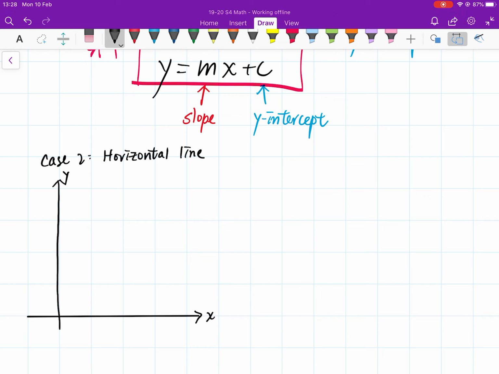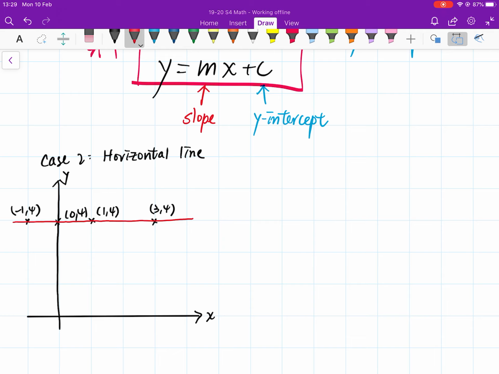Imagine there are several points of coordinates, for example (0, 4), (1, 4), (3, 4), and also (-1, 4). If I join these few points together, it will give you a horizontal line.